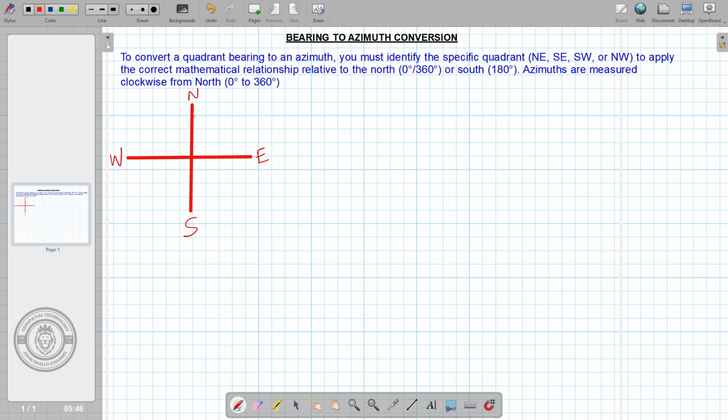And from this point here we have northeast, this other point is southwest, this is southeast, and we have northwest.